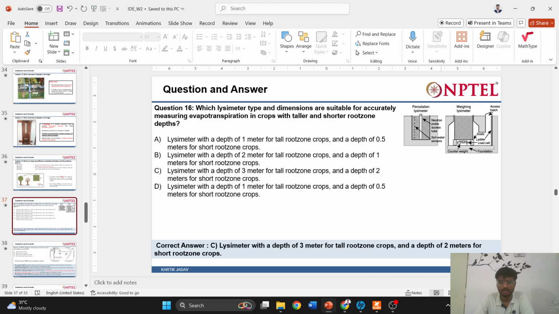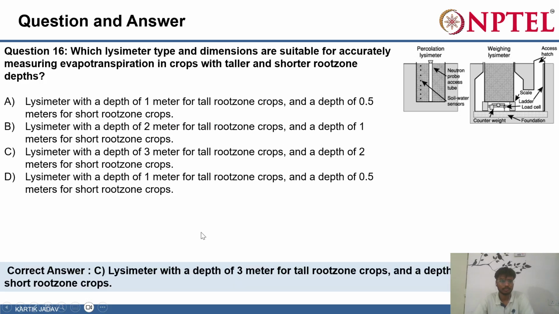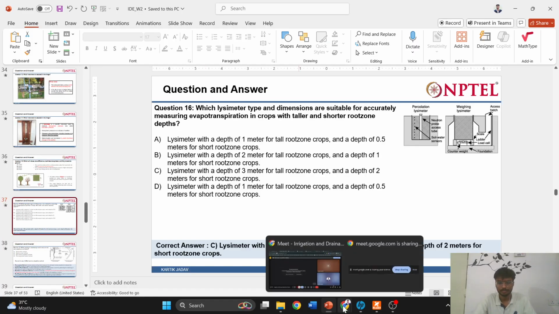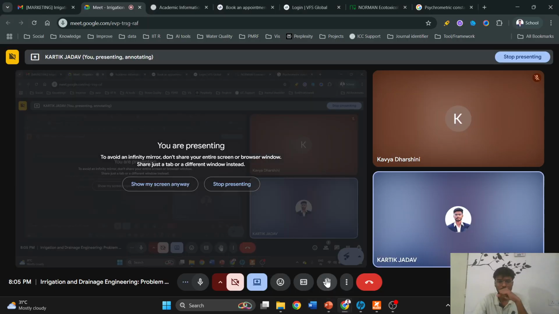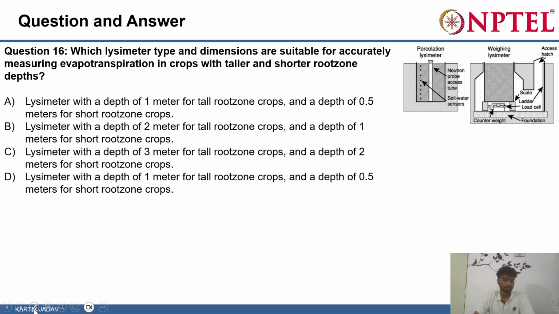Next question. Question number 16. Which lysimeter type and dimension are suitable for accurately measuring evapotranspiration in crops with taller and shorter root zone depths?